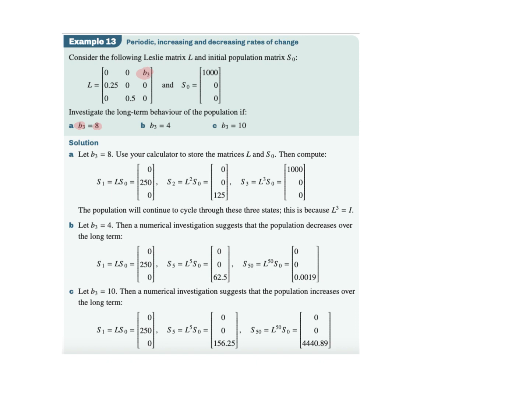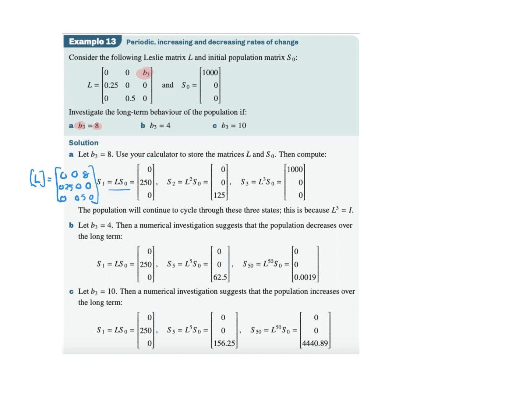So when they do this first example here, and they show you they found S1, S2, and S3, the Leslie matrix that they used here was they put an 8 there. So that's what that question's saying. They've put an 8 there, and they've done this calculation.